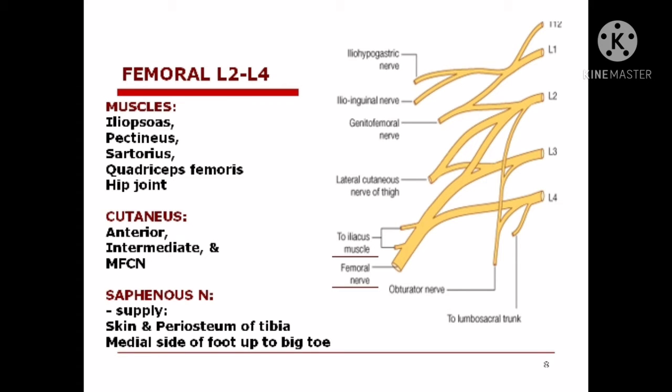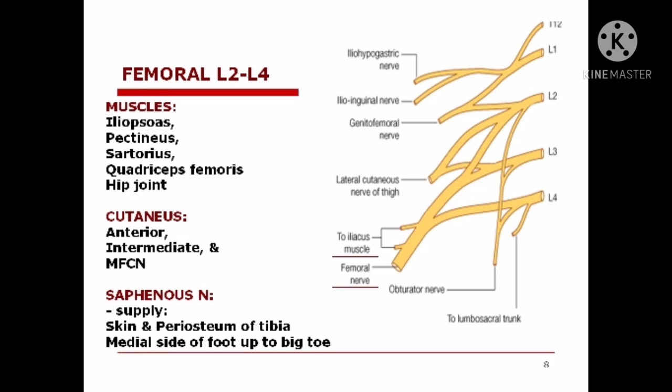The femoral nerve. It is arising from L2, L3 and L4 like the obturator nerve, but it arises from the posterior division. The muscles it supplies are the iliopsoas, the pectineus, and the sartorius, the quadriceps femoris, and the hip joint.